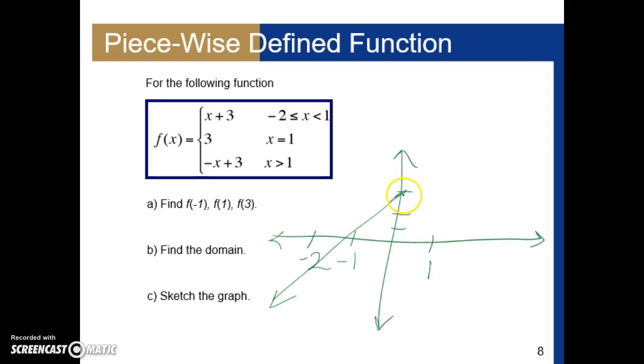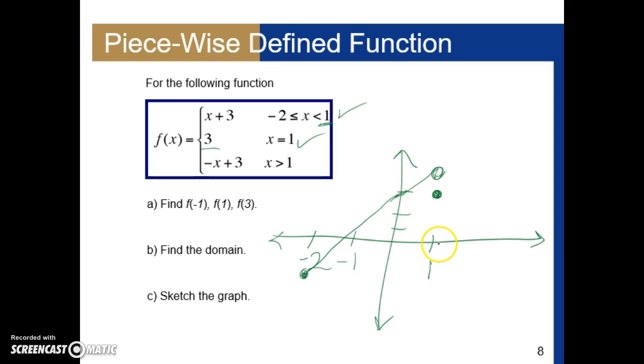as near as I can, and it's going to behave that way from -2, not including any values less than -2. I will get this technology figured out before too long. I have an open hole here on this piece because it's not included. And then we have an output of 3 at x equal 1. Well, here's x equal 3. So that takes care of this piece. Now this piece is a negatively sloped line with a y-intercept of +3.